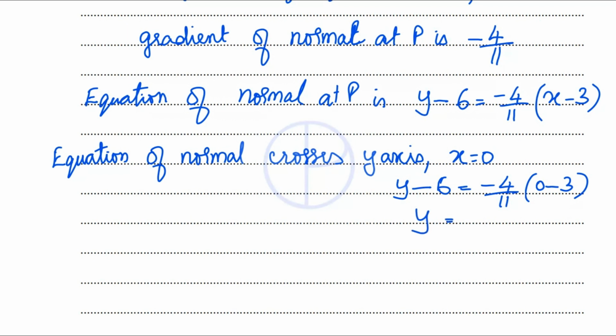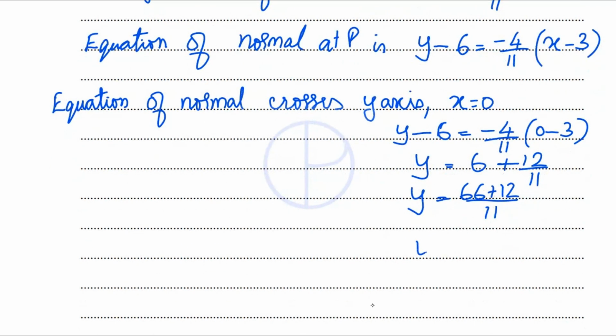So y is equal to 6 plus 12 over 11, equal to 66 plus 12 divided by 11, which is 78 by 11. So the y coordinate value is 78 over 11.